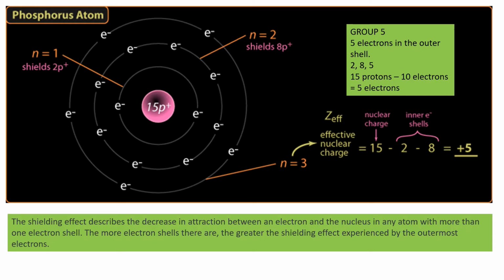So the shielding effect describes the decrease in attraction between an electron and the nucleus in any atom with more than one electron shell. The more electron shells there are, the greater the shielding effect experienced by the outermost electrons.